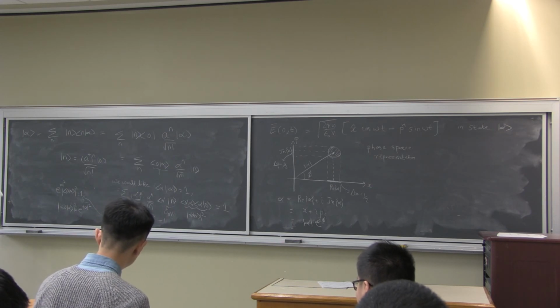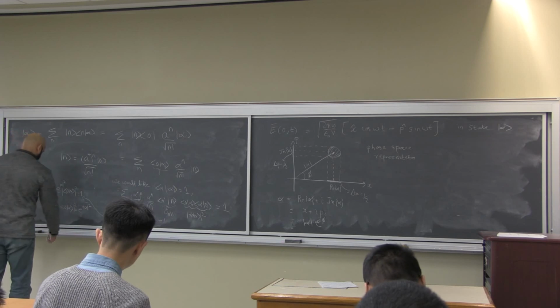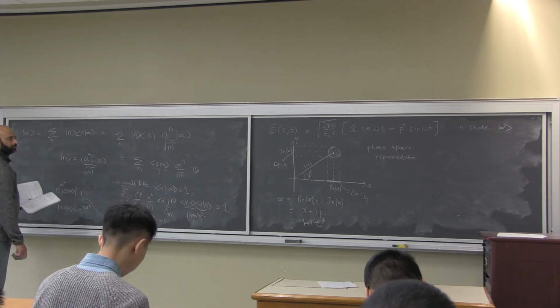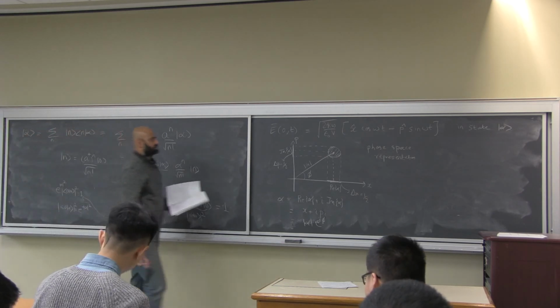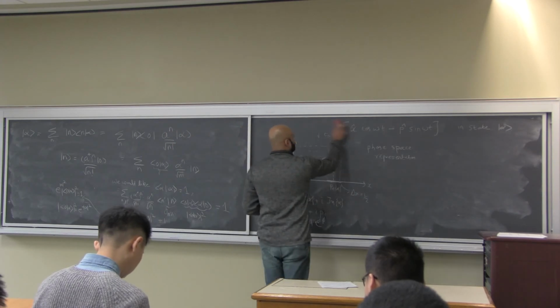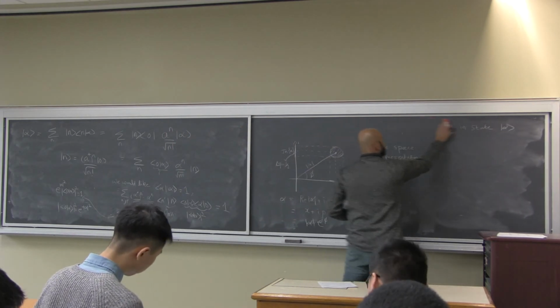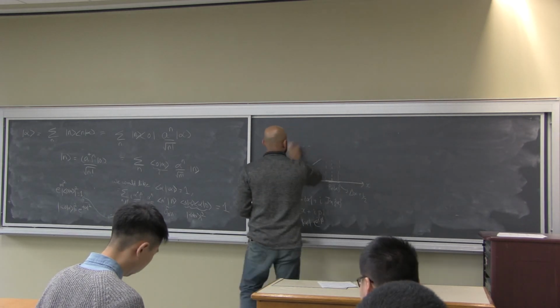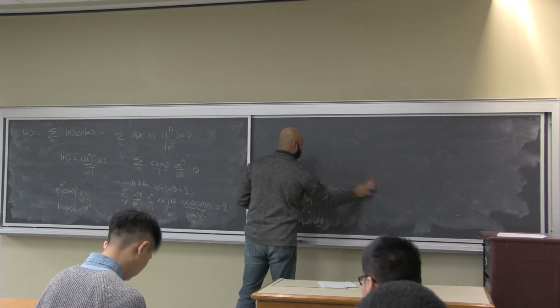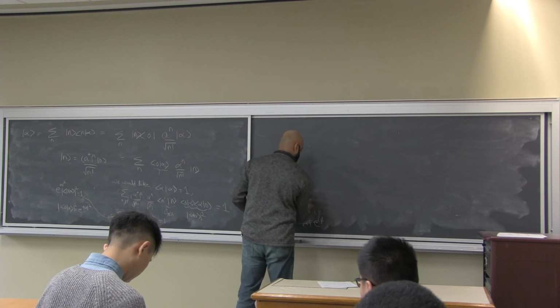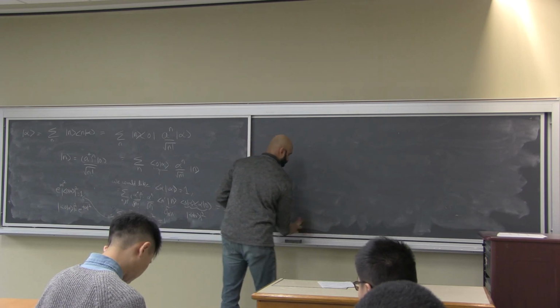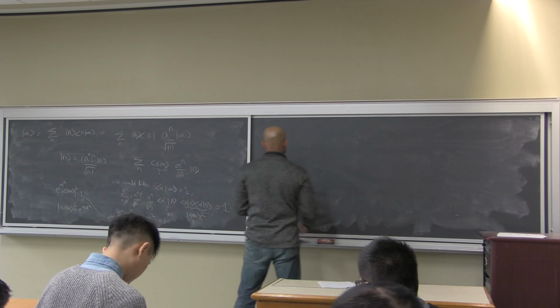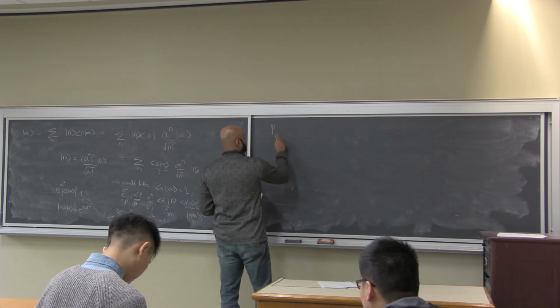It's just the square root of this. Okay, so now we have the photon statistics, the probability to be in the nth number state.